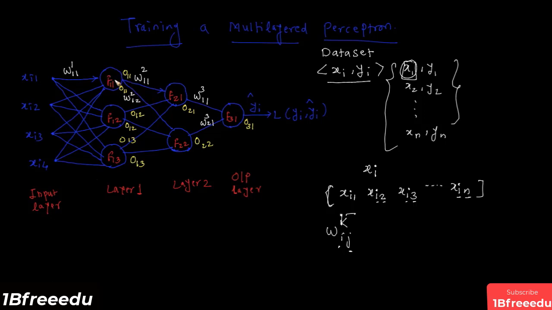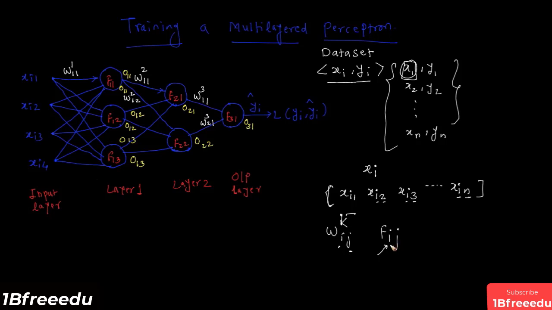So now let's talk about the activation functions which are there in these neurons. If I write Fij, it says that this activation function is in the neuron in the ith layer and the jth neuron from the top.